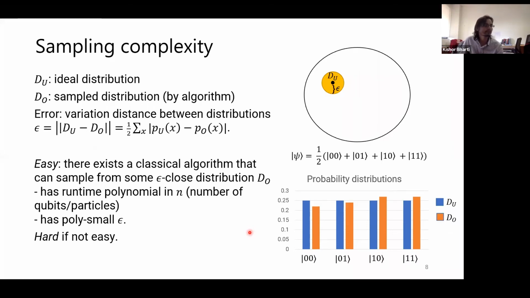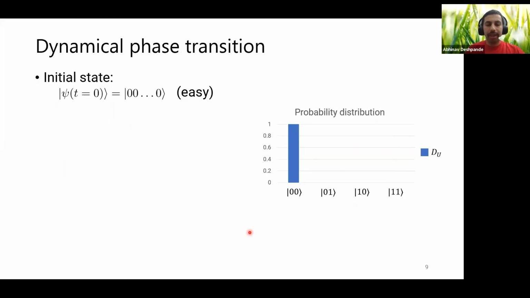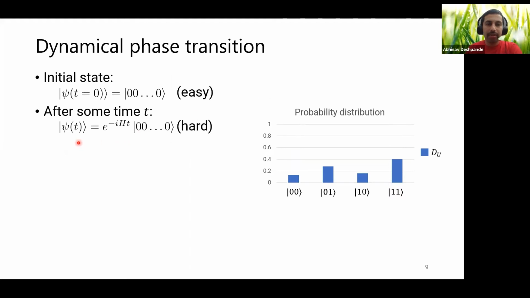Okay, thanks. So we now come to this notion of a dynamical phase transition. Let's say we start off with an initial state that was in the all zero state, and the probability distribution looks like this for 2 bits. That's obviously something that's easy to sample from. Now let's say that after some time evolution, the system becomes e to the minus iHt times this initial state.